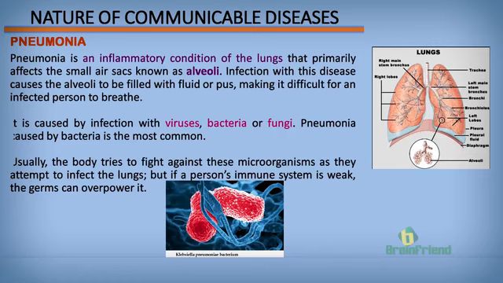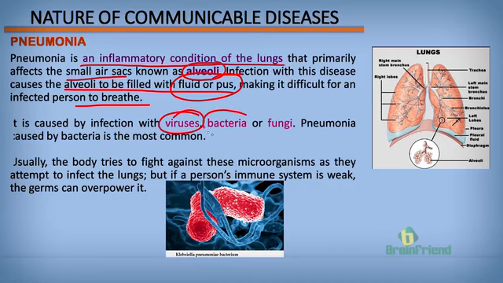Pneumonia is an inflammatory condition of the lungs that primarily affects the small air sacs known as alveoli. Infection with this disease causes the alveoli to be filled with fluid or pus, making it difficult for an infected person to breathe. So pneumonia is caused by infection with viruses, bacteria, or fungi.